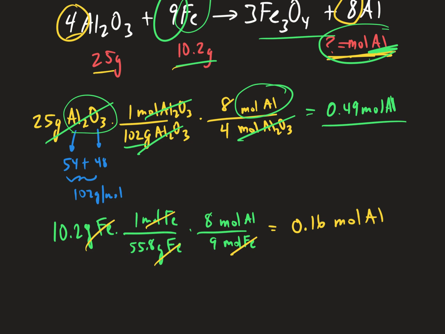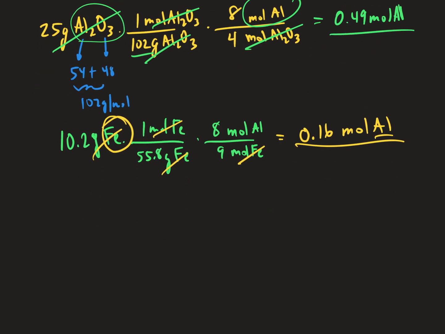All right. Which one is our limiting reagent? Iron is. Why is it iron? Because it limits how much aluminum we can make. It's a smaller amount, right? Everybody get that idea? Questions? Okay.